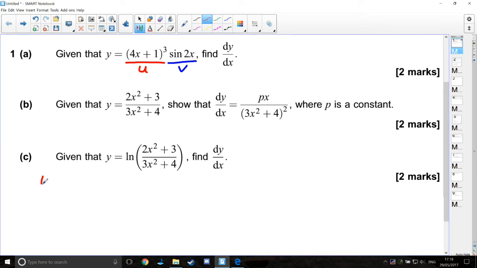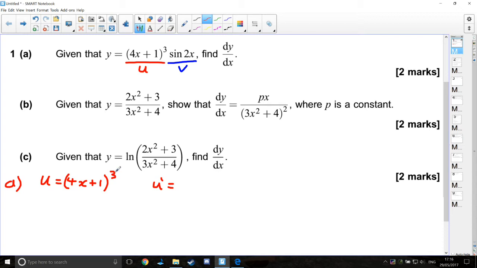I'll just write down which question this is as well. So u is our (4x plus 1) all cubed, and our derivative du by dx, or u dash, is this part differentiated. For this you're going to need the chain rule as well. The chain rule means we differentiate the outside part of the function, the cubed, and multiply it by the inner part differentiated.